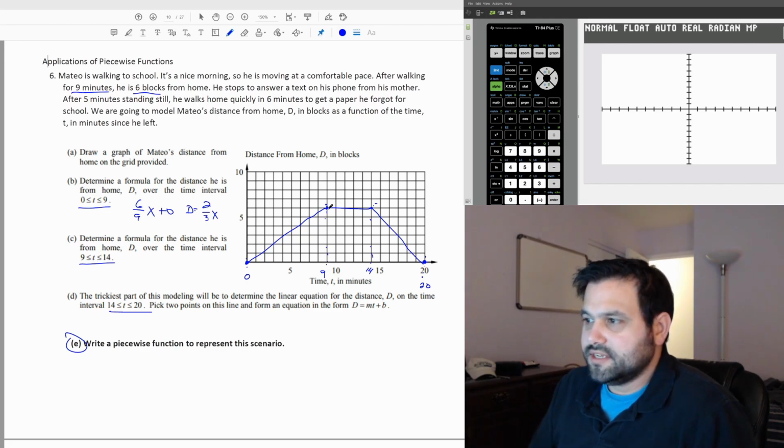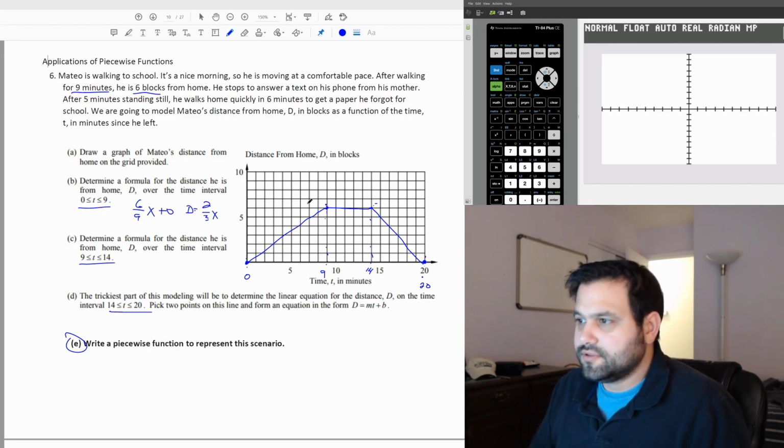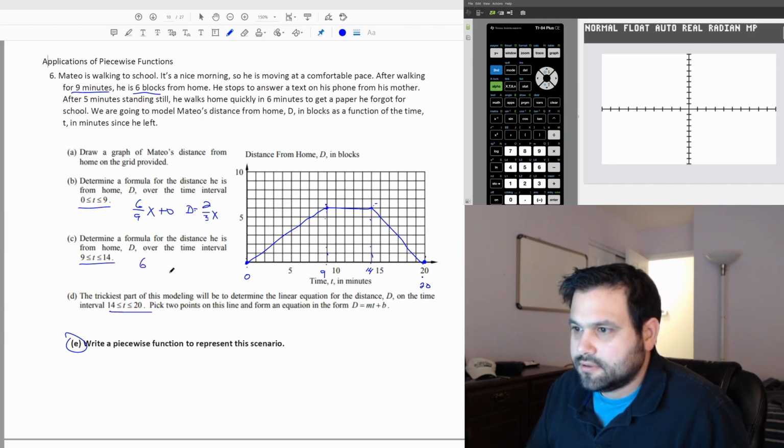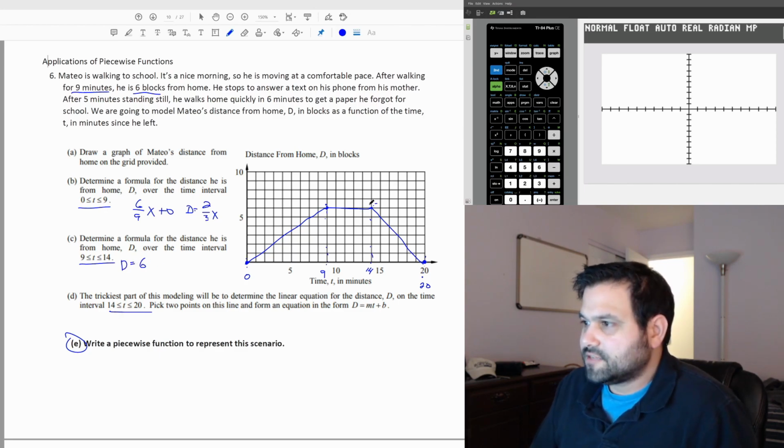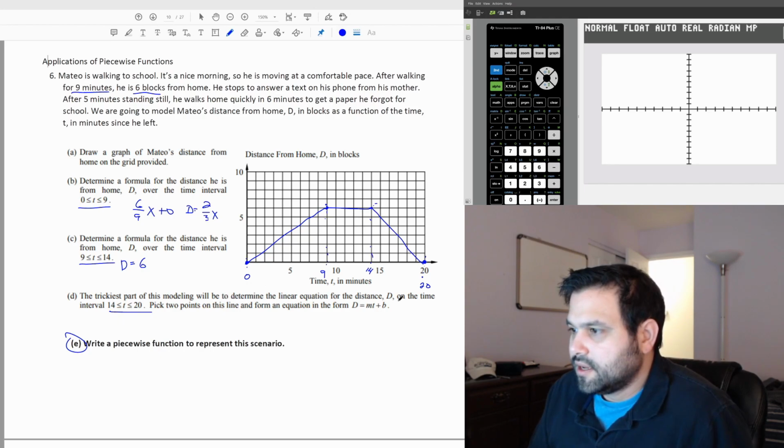And then for the middle piece, that's a horizontal line. So it's a horizontal line at which value? It's a value of 6. So the rule would just be d equals 6. And then the last part is going to be this part.